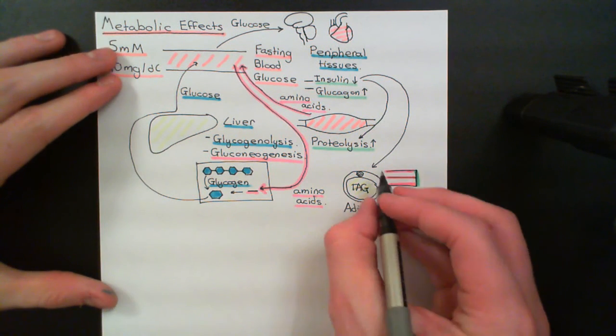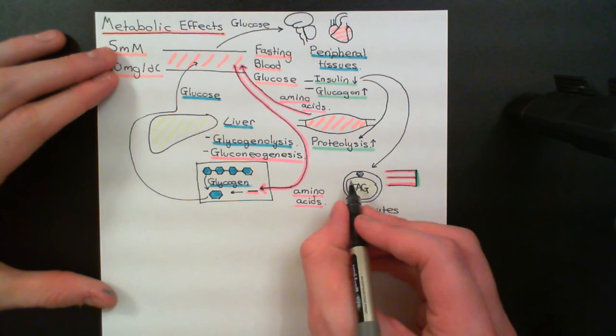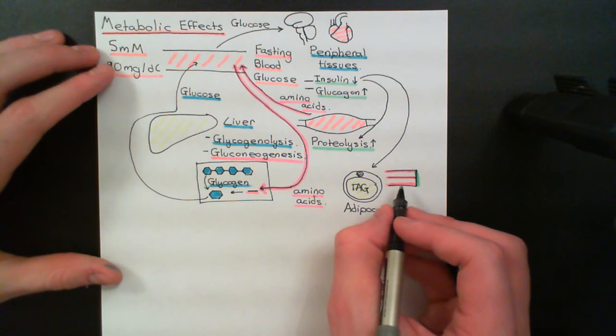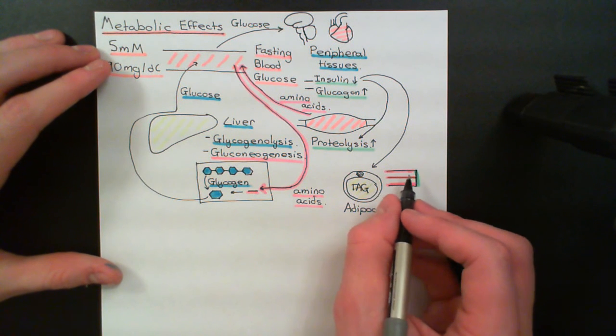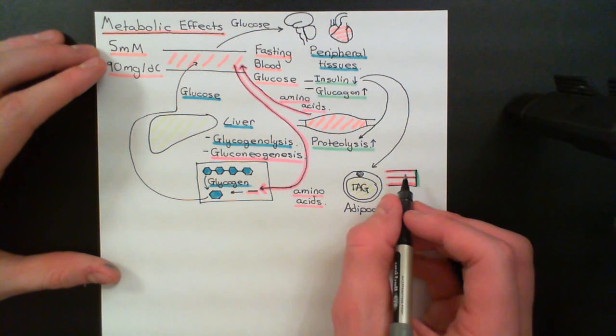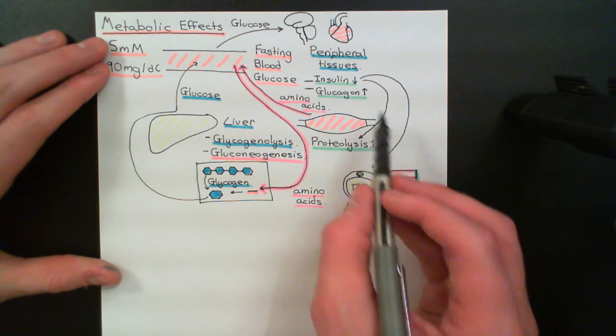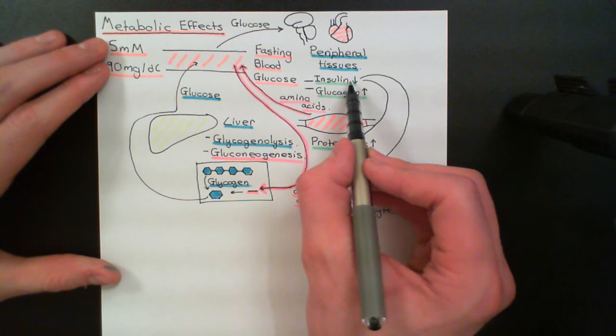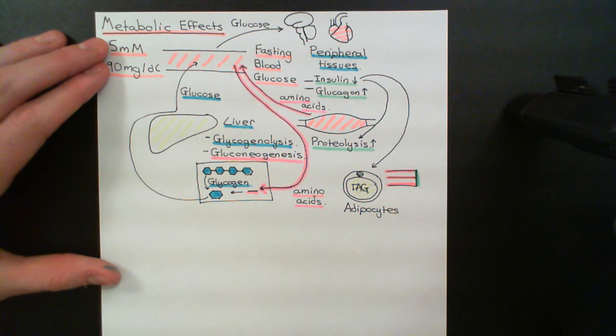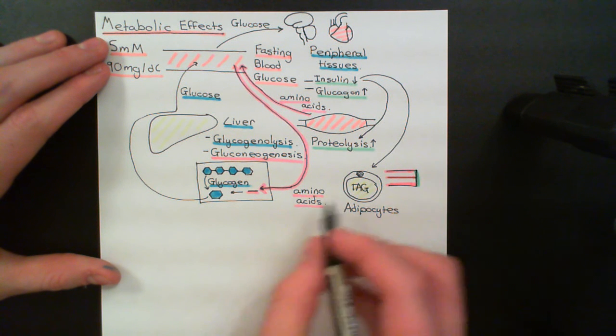So what will happen is, in the fed state, of course, there's no need to break down triacylglycerols and release free fatty acids into the bloodstream, because you've got loads of nutrients coming in from the intestine. So high insulin in the fed state inhibits the adipocytes from breaking down their lipids, and instead encourages them to take up nutrient molecules and build new lipids.